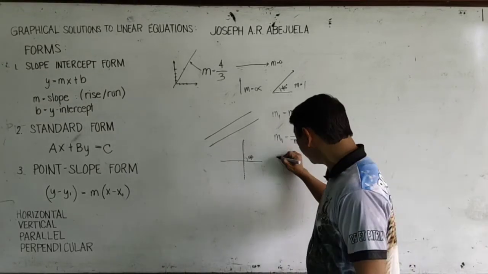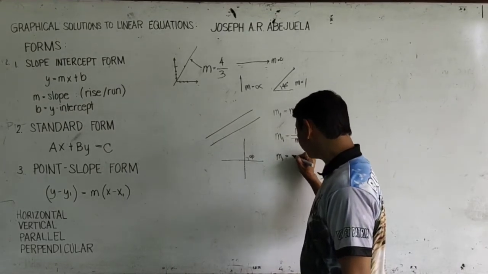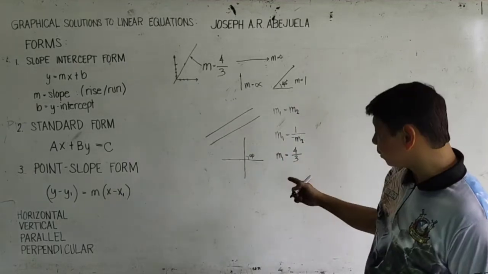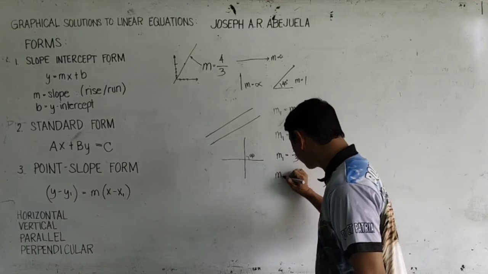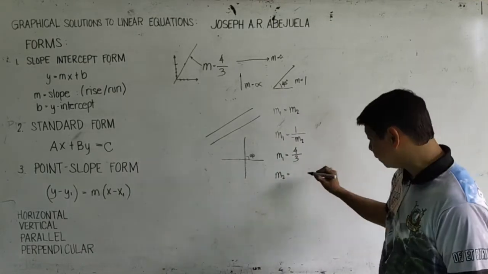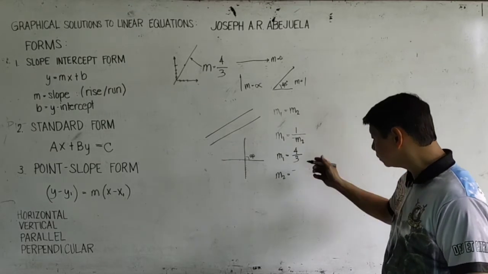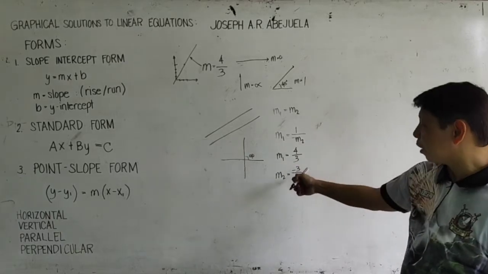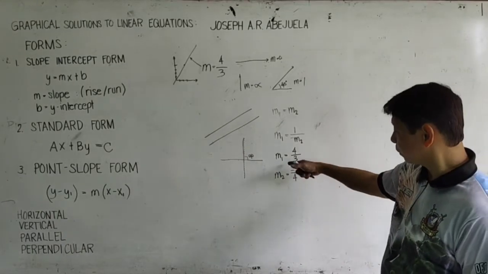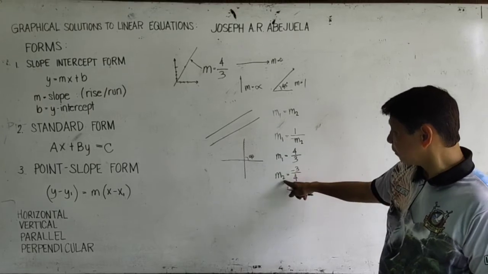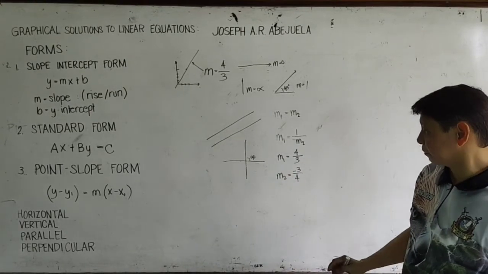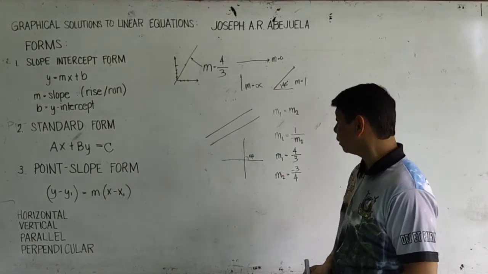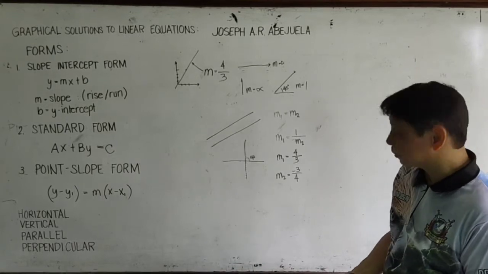For example, if the slope of the first line is 4/3, the slope of the other line is equal to the negative reciprocal, meaning 3 over 4. So when m1 is 4/3, m2 is negative 3/4. So that's the relation between perpendicular lines. Okay?